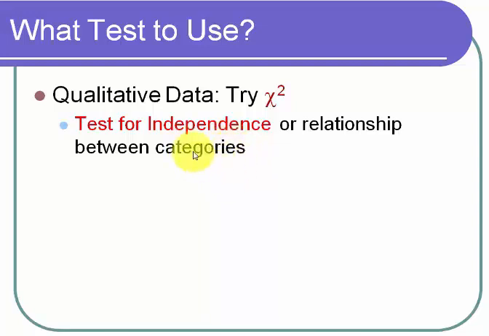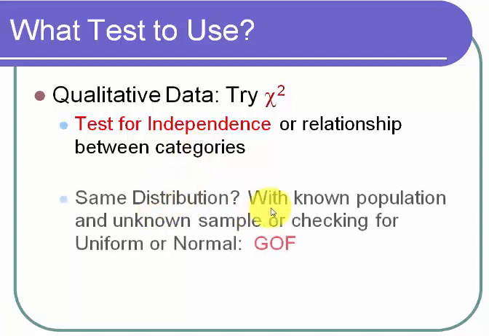If it's not that case, then the other kind of question we have is, are the distributions the same? But if we happen to know the population distribution of one of them, and we don't know the other, we've only taken a sample, or if we're just checking to see if the distribution of a population is either uniform or normal, we use the goodness of fit test.